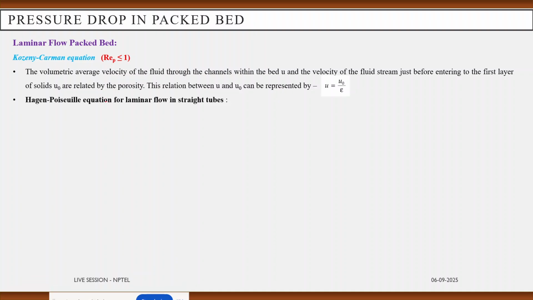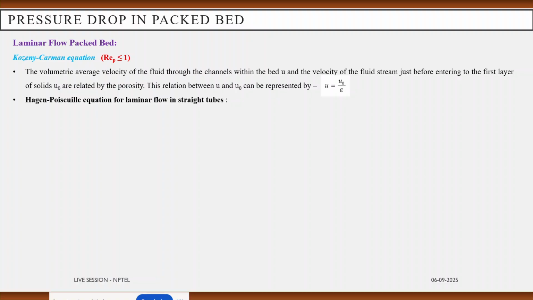Now we are going to focus on the Hagen-Poiseuille equation. We use this equation because we are considering straight tubes as a packed bed.